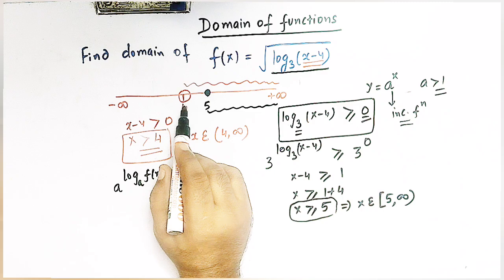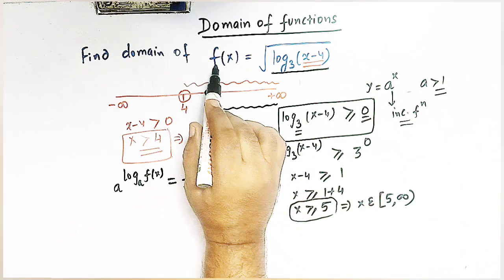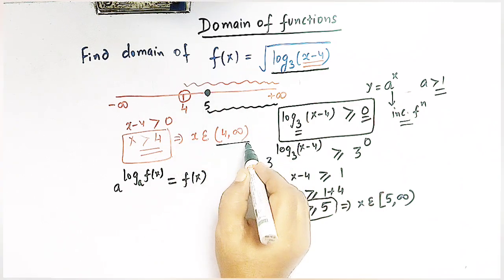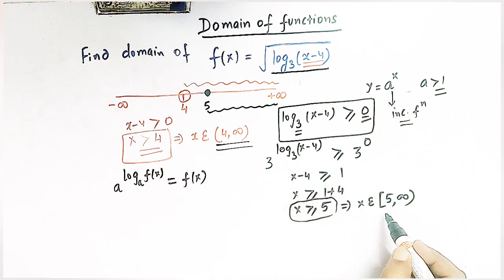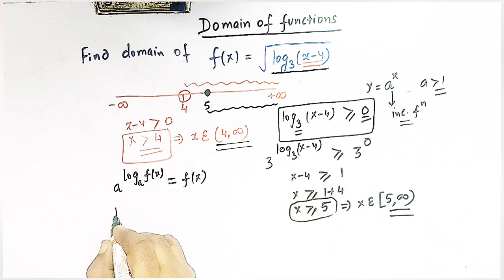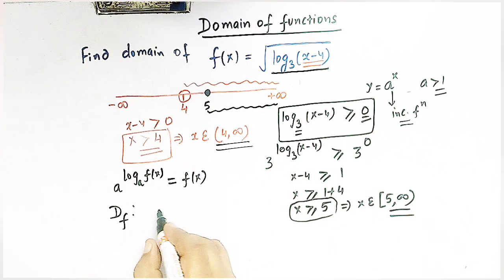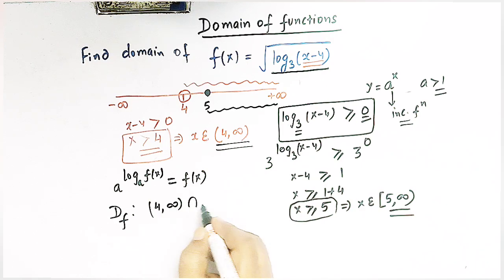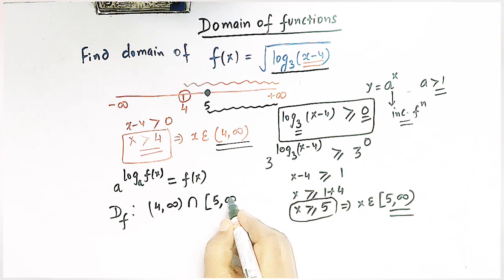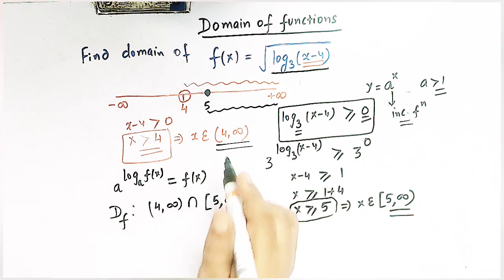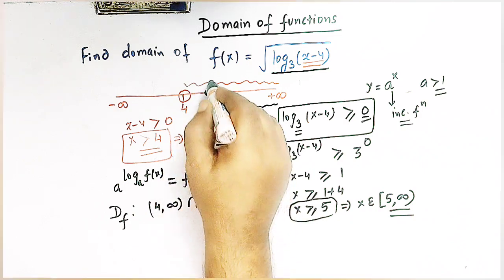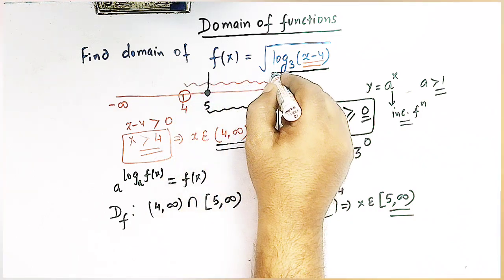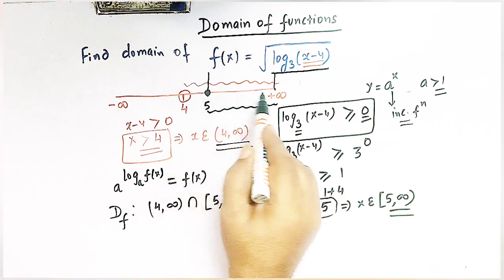So now the domain of this function f of x is the intersection of this interval and this interval. That is, domain of f is given by 4 to infinity, intersection 5 to infinity. The intersection of these two intervals is given by this interval, that is 5 to infinity.